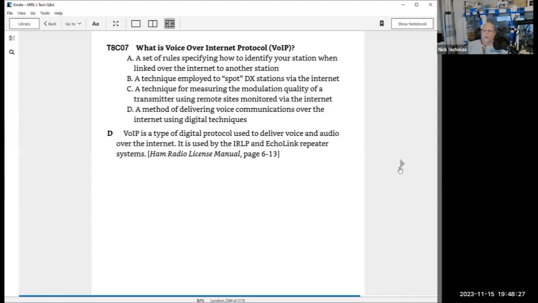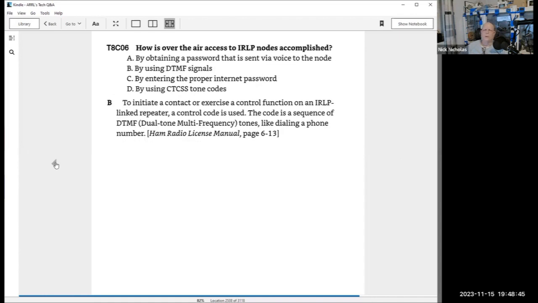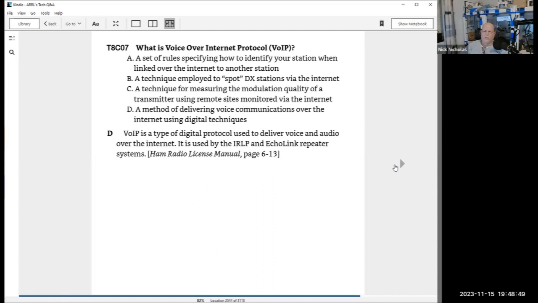What is voice over internet protocol? That's what I couldn't think of. Voice over internet protocol is a method of delivering voice communications over the internet using digital techniques. I'm sorry, that's what I couldn't remember, but that is a similar circumstance to the IRLP internet protocol.